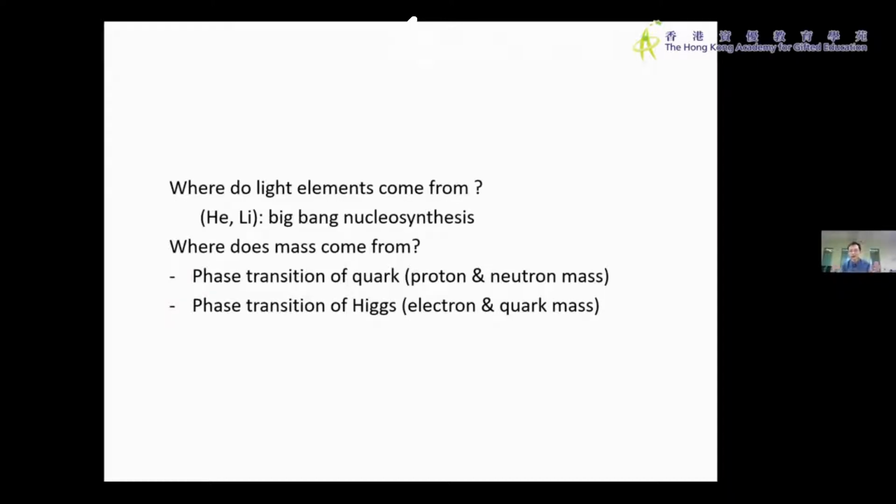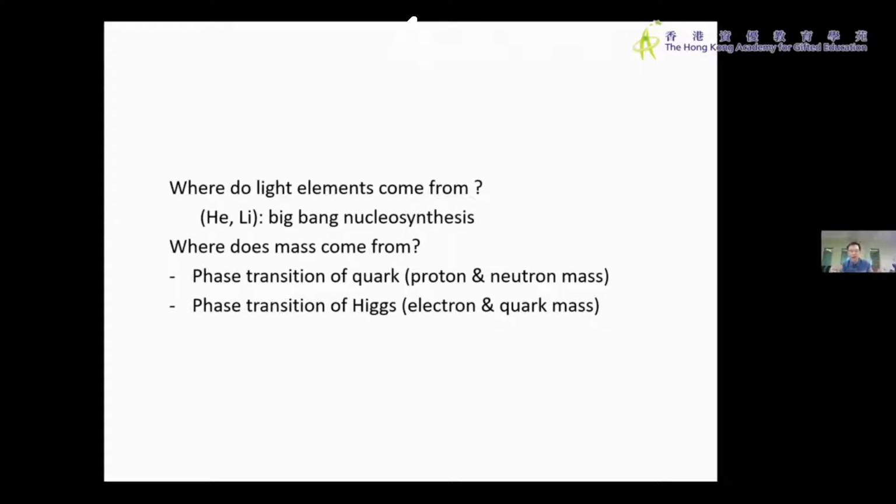At the very initial stage of our universe, we have protons and neutrons, and how do these protons and neutrons combine into elements, for example, into helium and lithium?